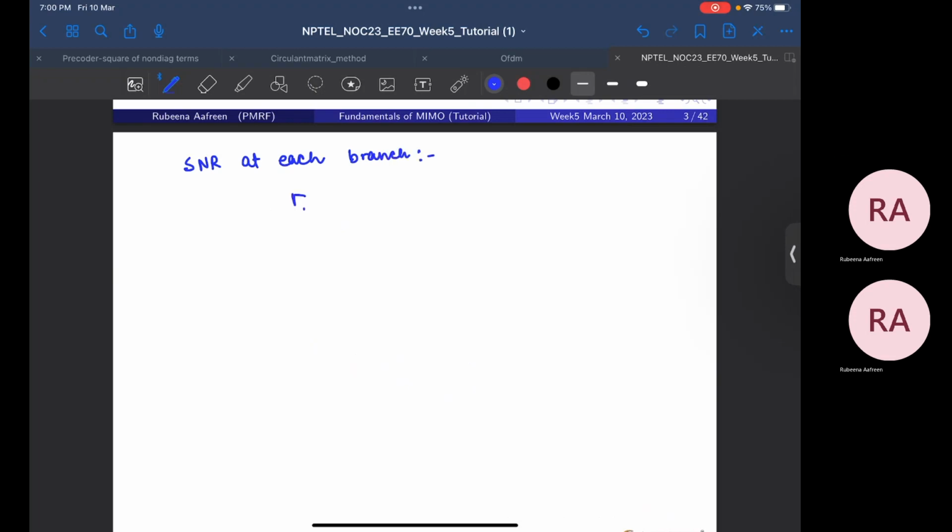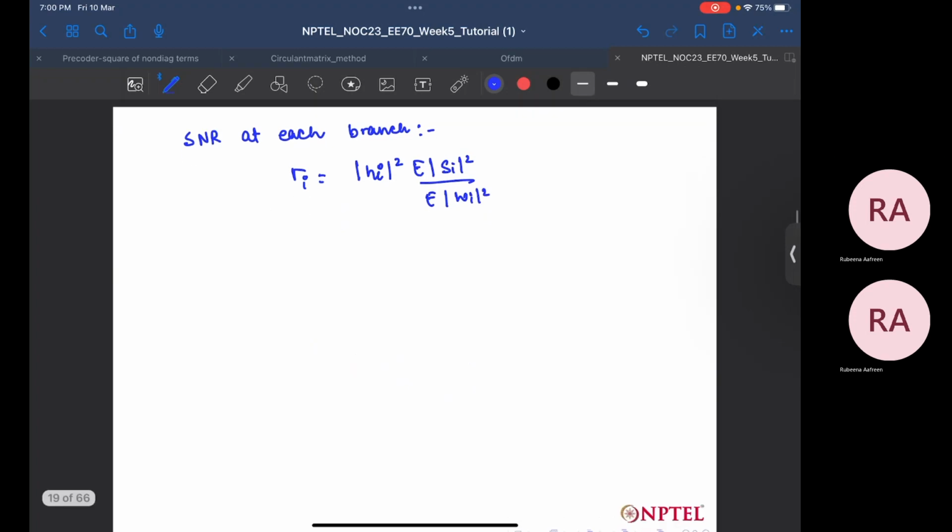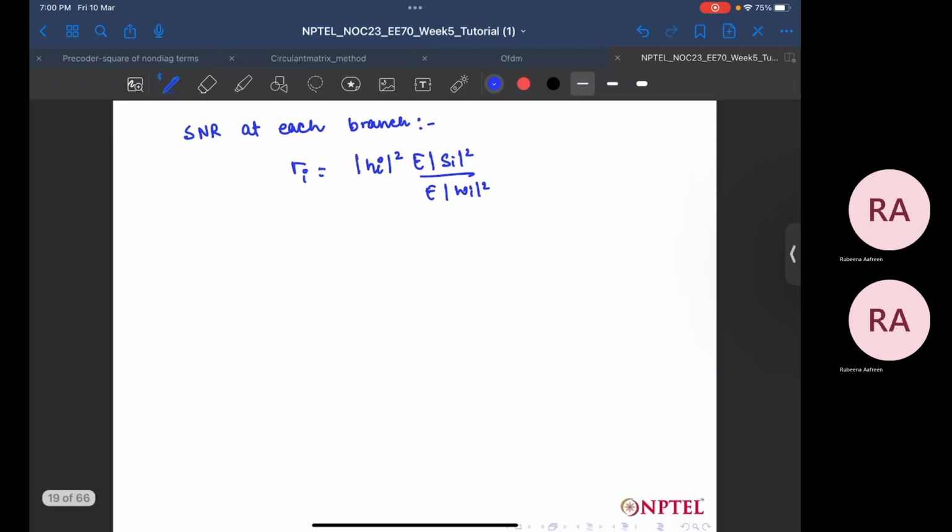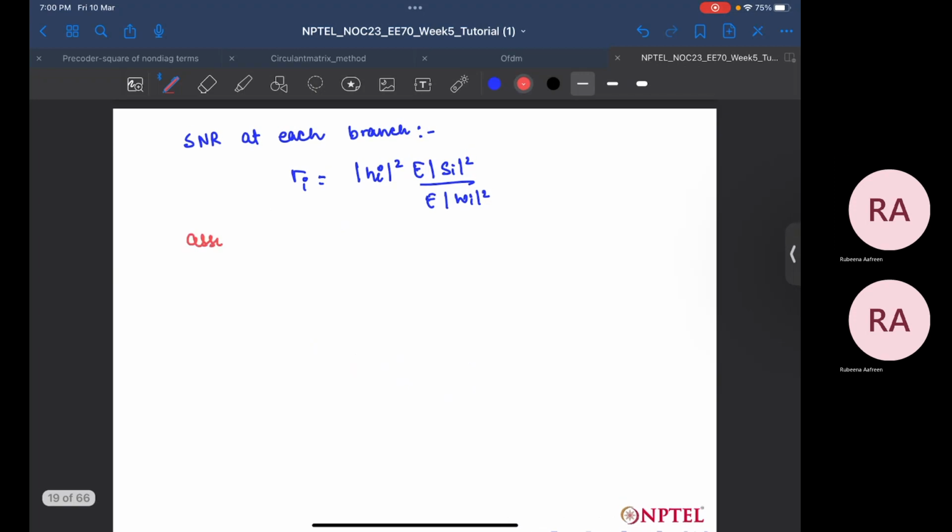SNR will be gamma i equals |hi|^2 times expectation of si^2 divided by expectation of wi^2. Here we are assuming that every branch has the same signal power, and the noise variance is also the same. So this is our assumption.